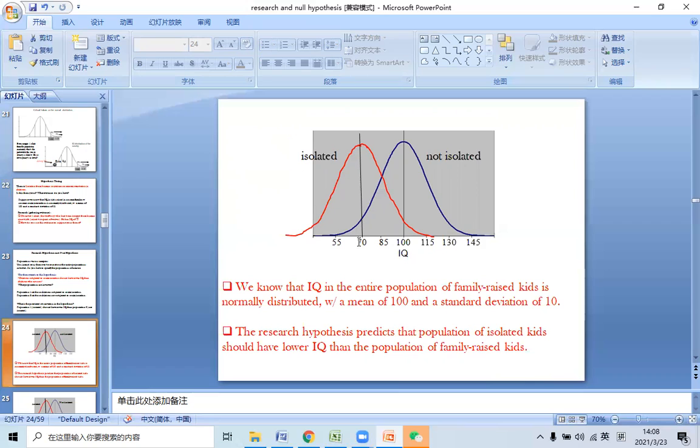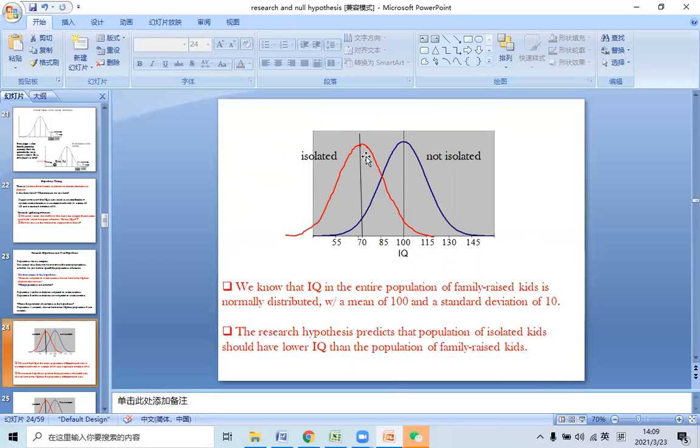On average, their IQ should be lower. Although if you look at the isolated kids, some of them have relatively higher IQs, some of them have lower IQs. Their IQ scores are normally distributed. The mean is lower than the non-isolated.